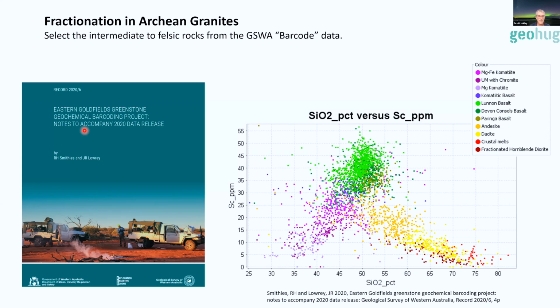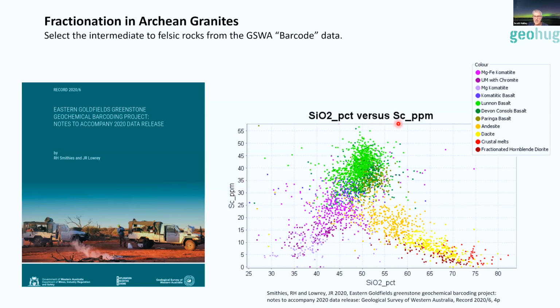This is another really, really cracking good research project being run by GSWA. And I'm going to show you the fractionation signatures in the felsic to intermediate rocks. And they're due for another really big data release in June, thereabouts. So keep your eyes open for this. This is really, really good.